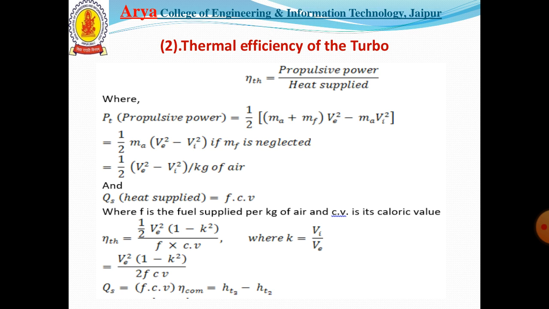Now QS, the heat supplied, equals f CV eta compression, that is equal to HT3 minus HT2.